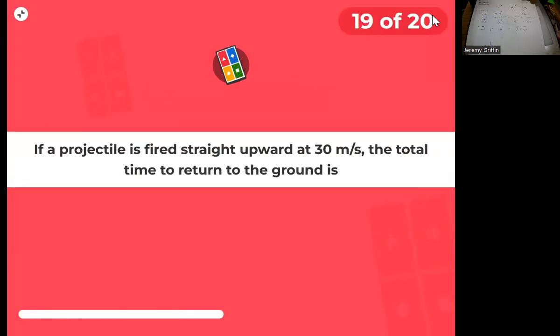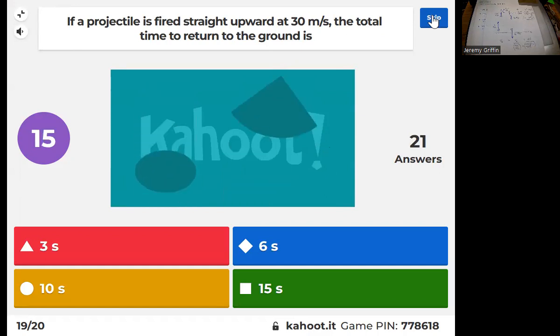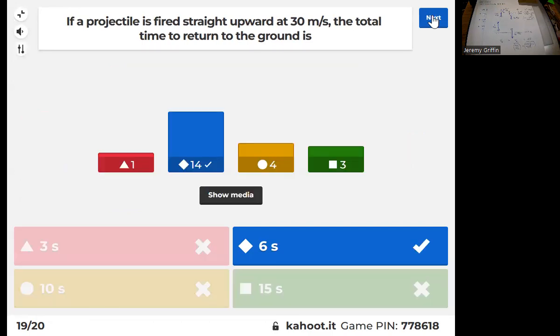A projectile is fired straight up at 30 meters per second. What is the total time to return to the ground? Six seconds.